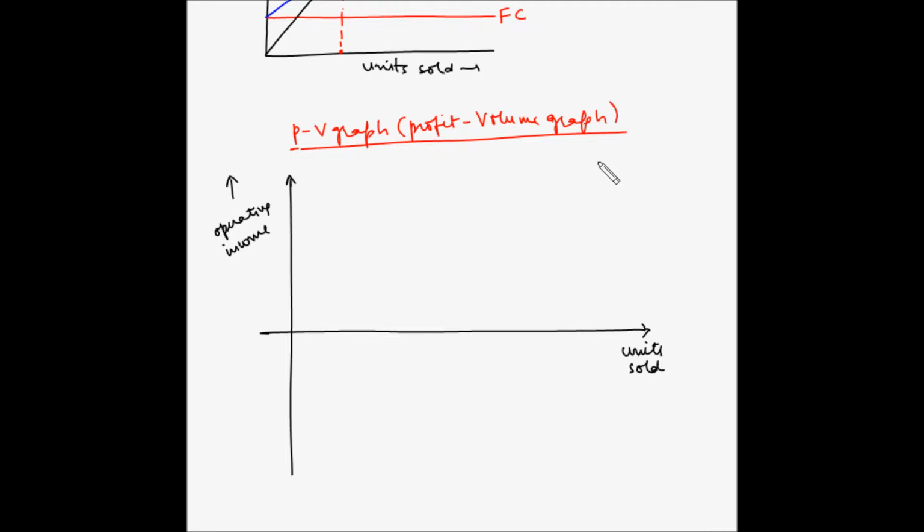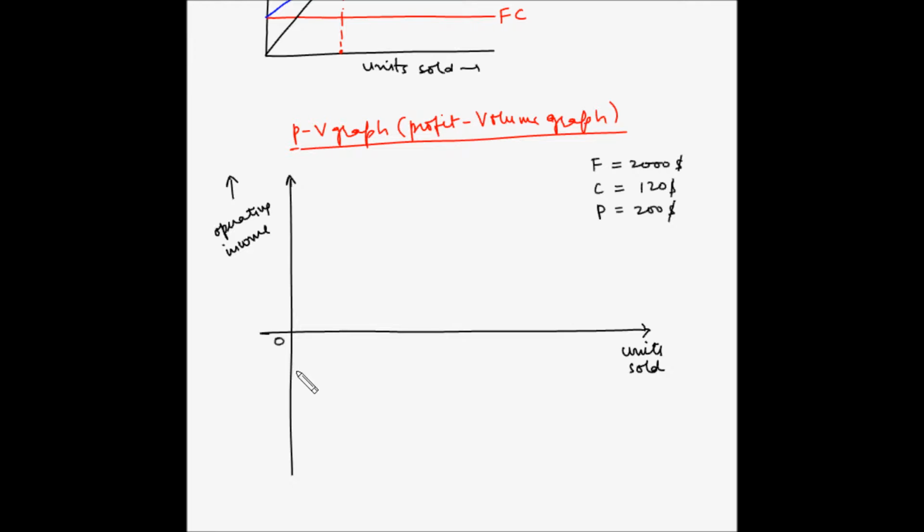Now let's take a hypothetical case just to understand this example easily. The fixed cost is assumed to be $2,000. The unit variable cost is $120, and the unit selling price is assumed to be $200.